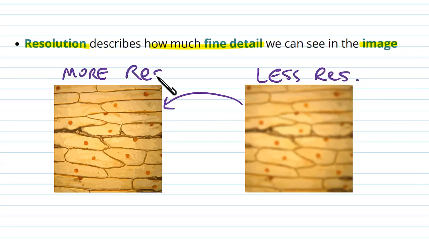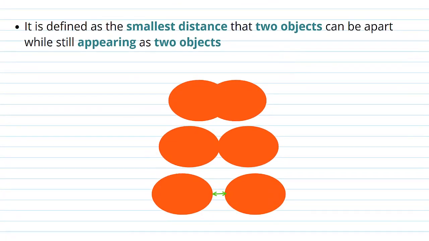You'll notice this is quite similar to a TV. Clearer, sharper TVs with a lot higher definition have more resolution than those that look a bit less clear. The way that we define resolution is that it's the smallest distance that two objects can be apart, still appearing as two objects. You could look down a microscope and see an object that looks like a big blob with two sides to it, so it looks like one object.